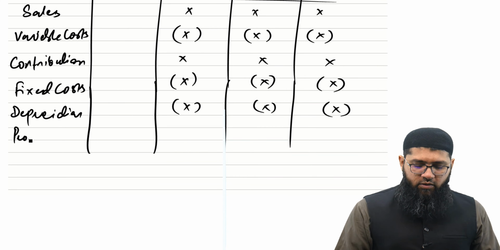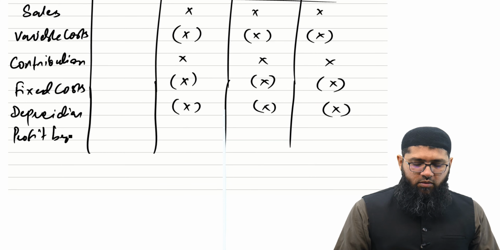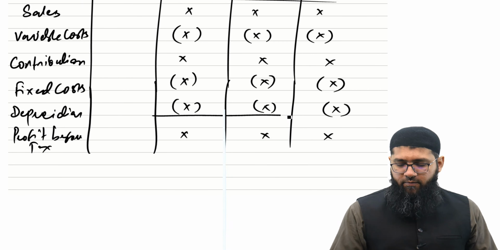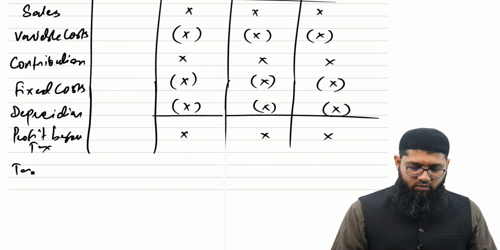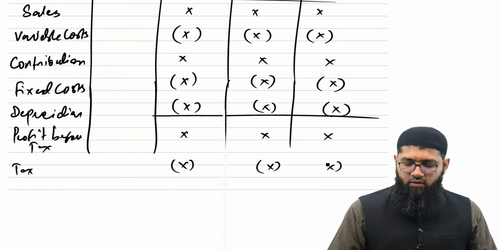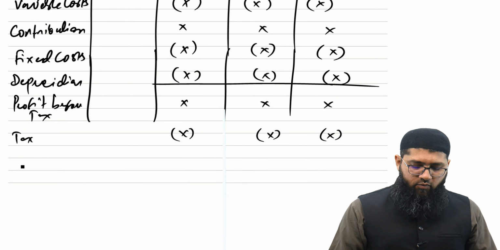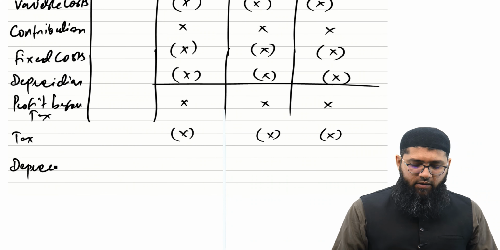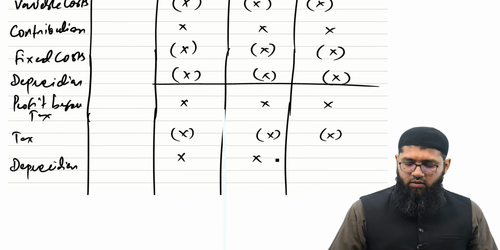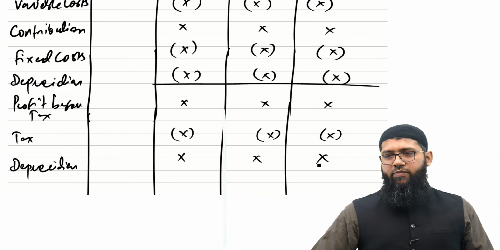Then you've got profit before tax. Then you've got the tax. And then what you do is add back depreciation.